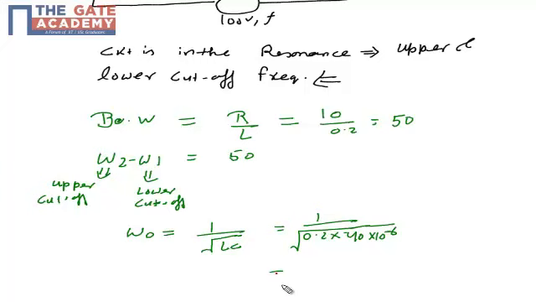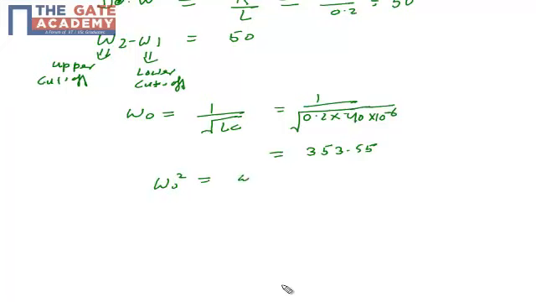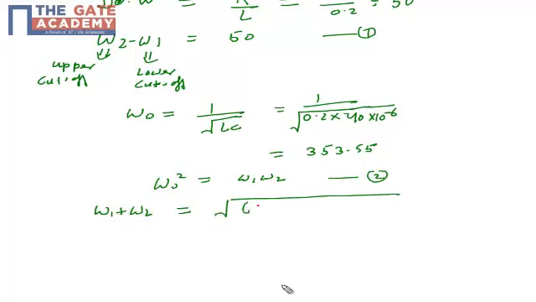If I solve this expression, I will get the value 353.55. We also know that omega naught square is equal to omega 1 omega 2. So with the help of equation 1 and equation 2, I may find out the value of omega 1 plus omega 2, which is equal to the root of omega 2 minus omega 1 whole square plus 4 omega 1 omega 2.